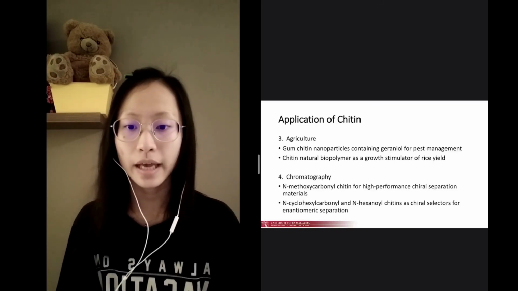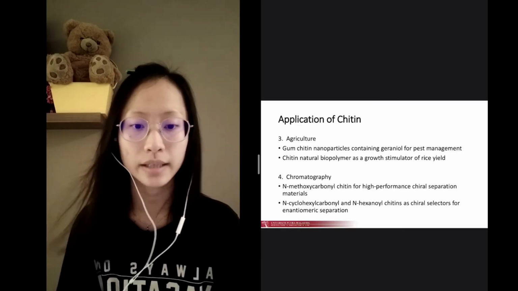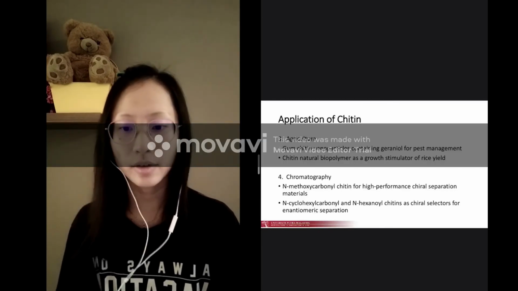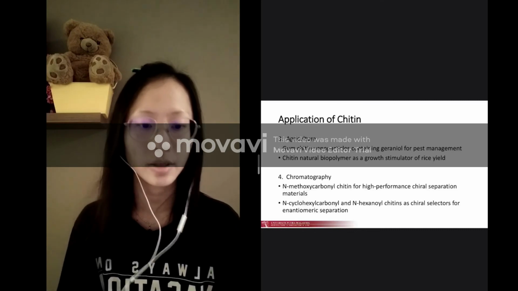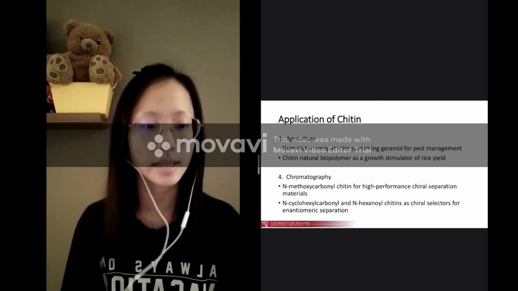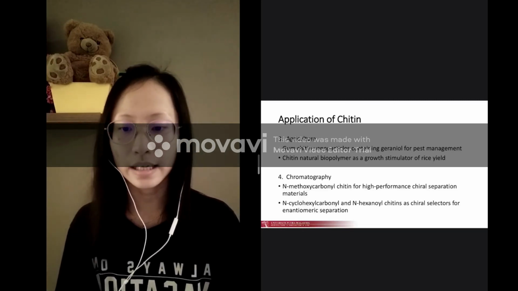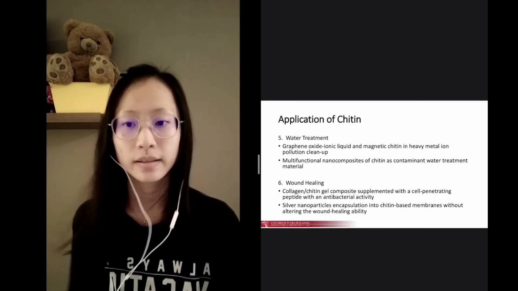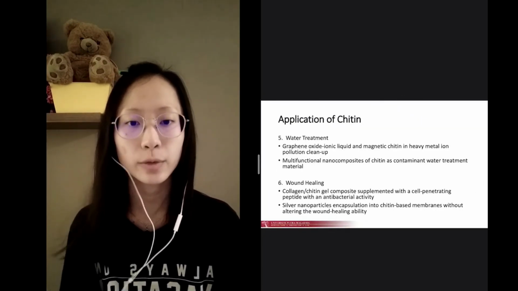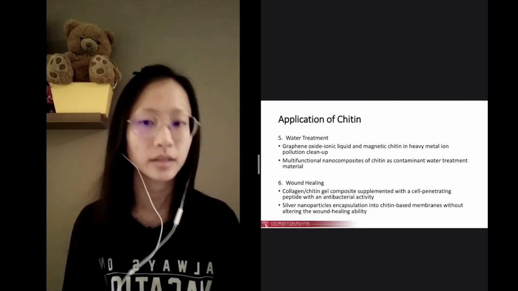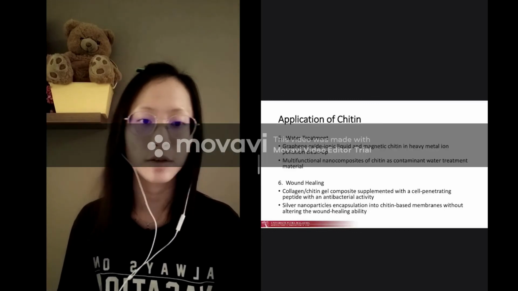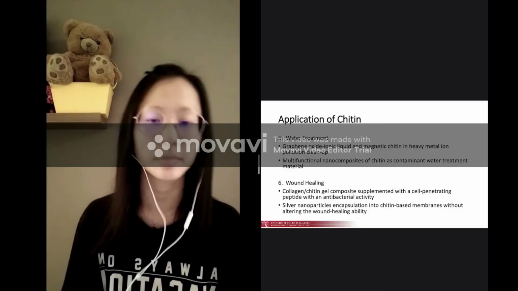Chromatography: N-methoxycarbonyl chitin for high-performance chiral separation materials; N-cyclohexylcarbonyl and N-hexanoyl chitins as chiral selectors for enantiomeric separation. Water treatment: graphene oxide ionic liquid and magnetic chitin in heavy metal ion pollution cleanup; multifunctional nanocomposites of chitin as contaminant water treatment material.